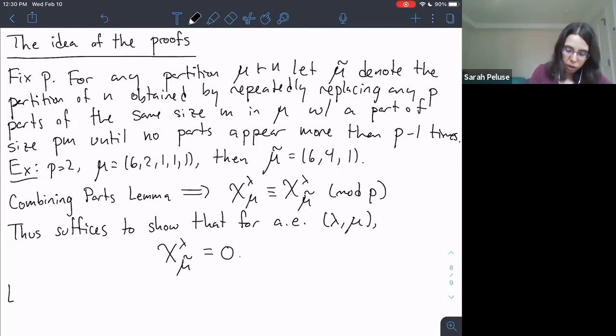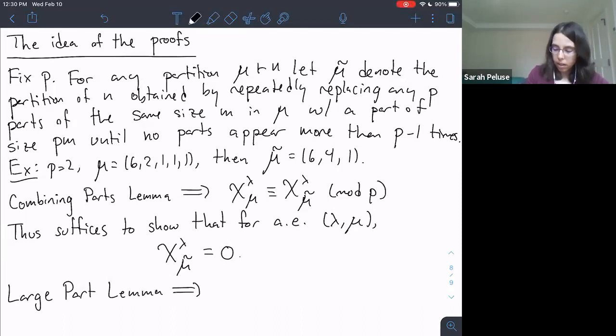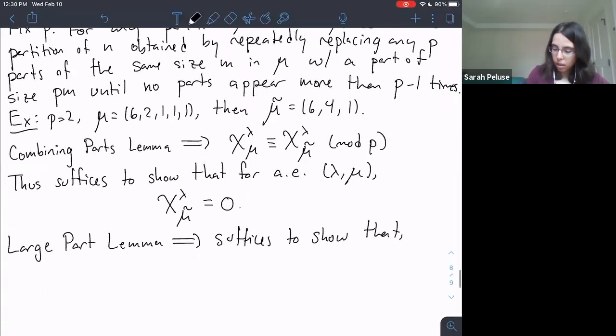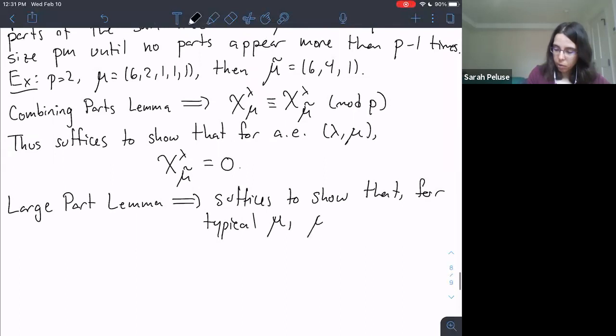So by the large part lemma, it suffices to show that for typical mu, mu tilde has a large part.